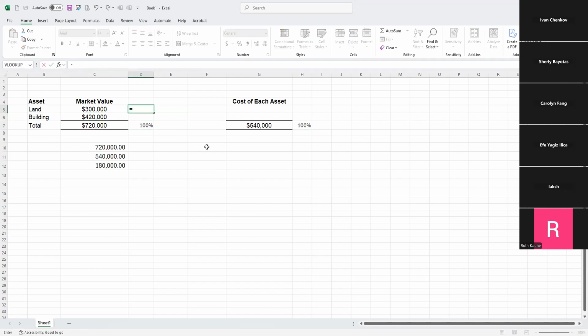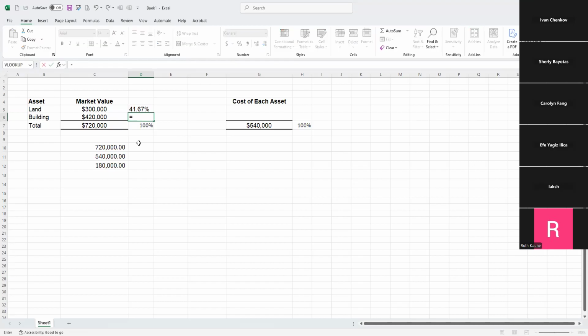So what I'm going to do, 300,000 divided by 720, and that will be the percentage here, 42%. If you have to be explicit and show the numbers, 41.67 is the exact percentage.